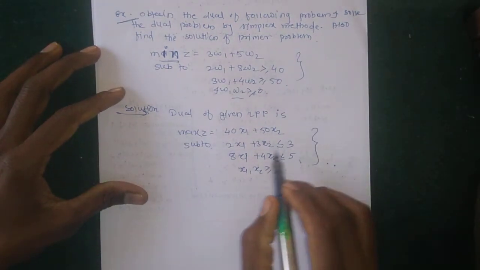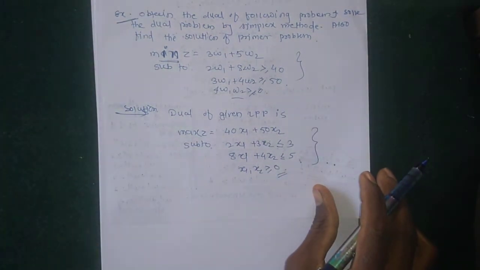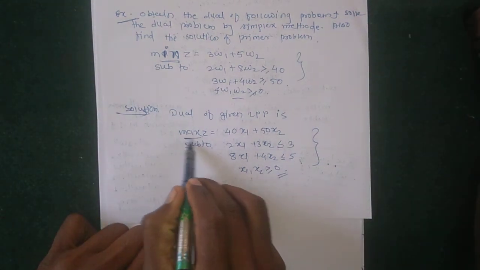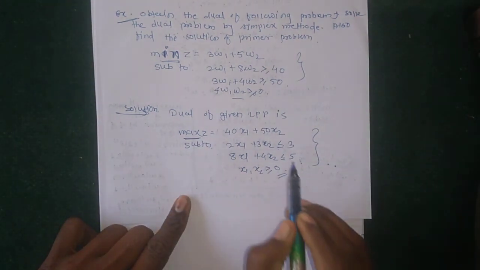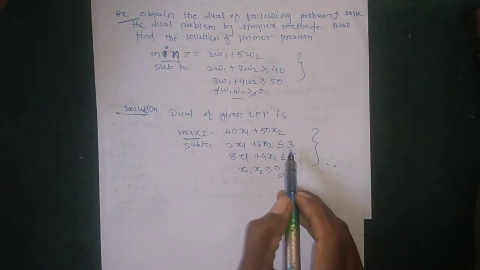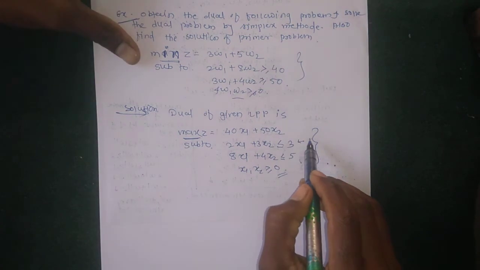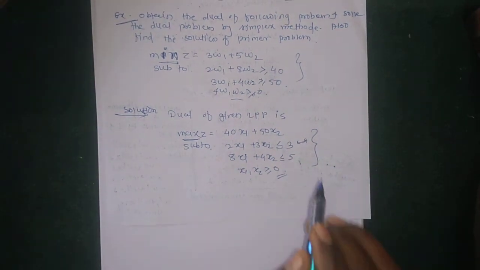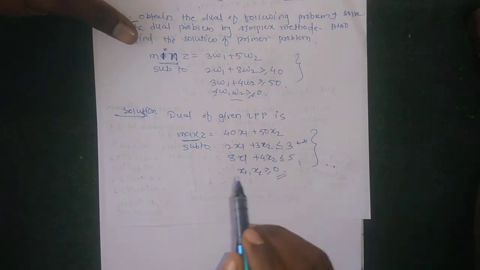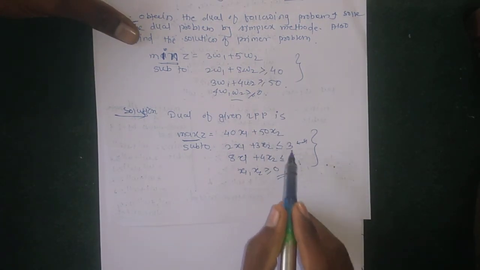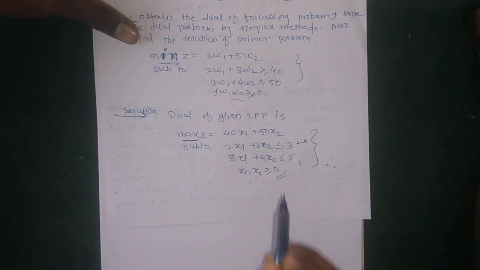To find the solution of this dual problem by the simplex method: the objective function is maximum type and the constraints are less-equal type, so we add only two slack variables. If the constraints were greater-equal type, we would subtract a surplus variable and add an artificial variable.